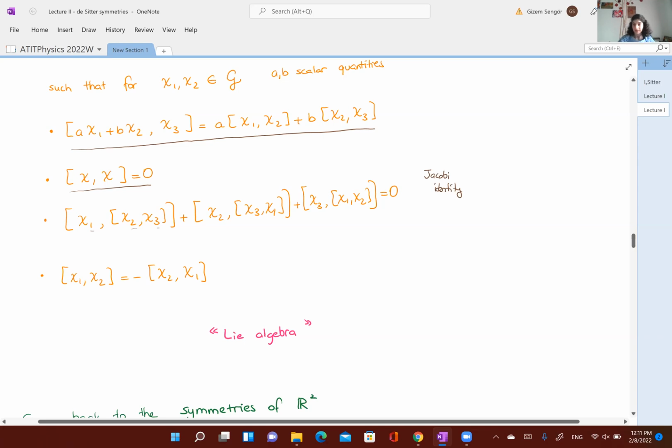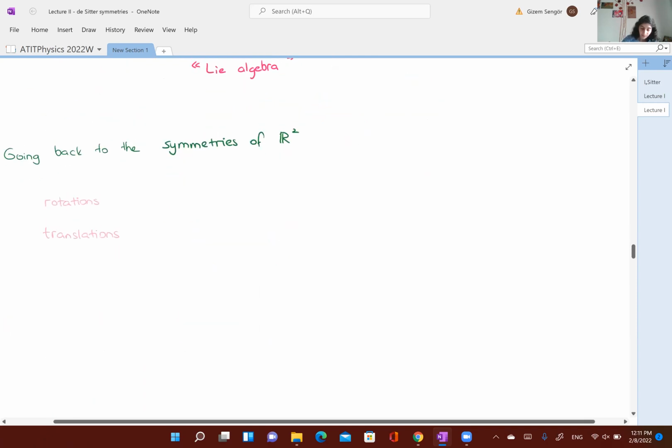But now with all this information, let's go back to the symmetries of R2. We found that these involve rotations and translations. Now we saw that both of these have continuous parameters. They satisfy group axioms.